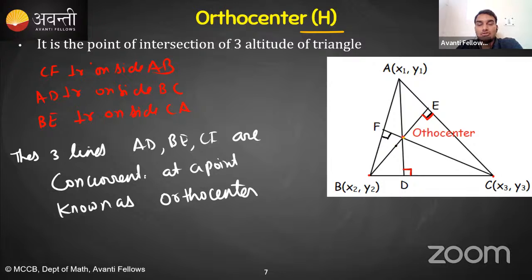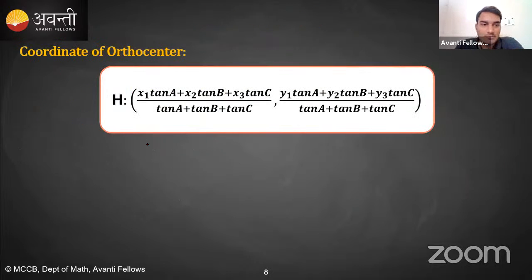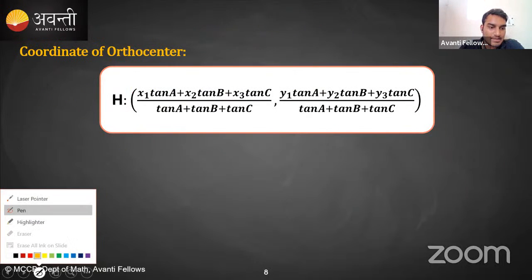So students, there is a direct formula to get the orthocenter, like the direct formulas we have for the incenter and the centroid. So there is also one direct formula to get the orthocenter of a triangle ABC. What is this formula?